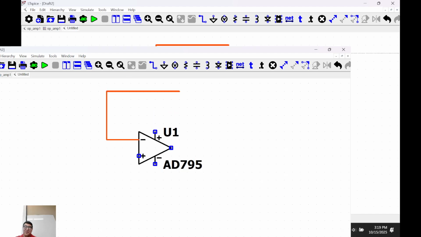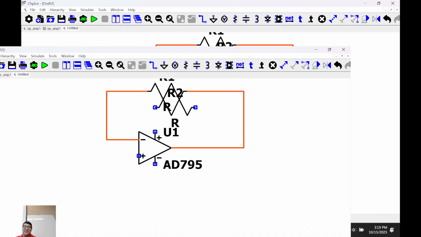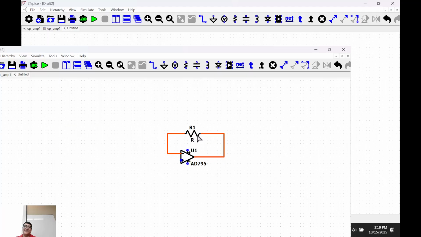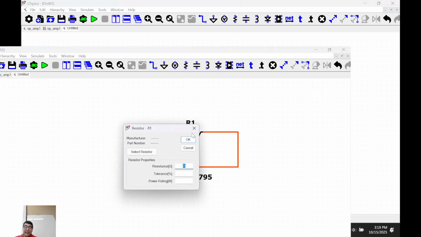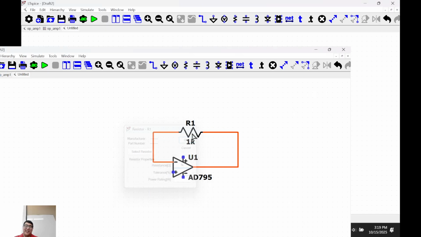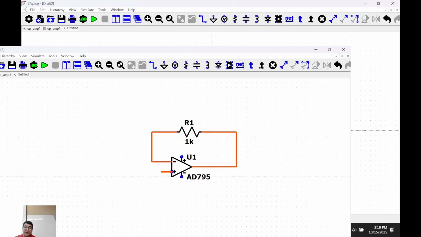I'm going to do something funny. Why did I do that? Oh, because it just disappears. Don't worry, that's a cheat. I'm going to throw 1K on there, and another 1K.